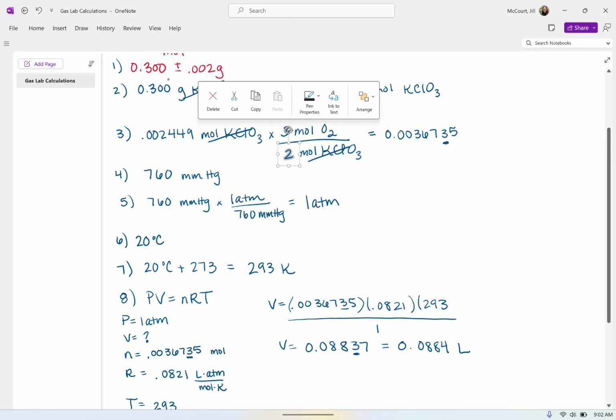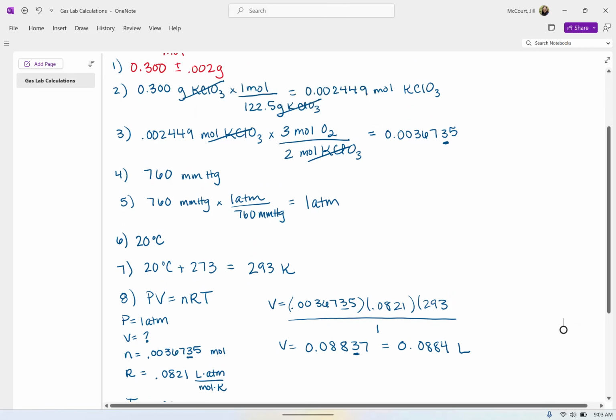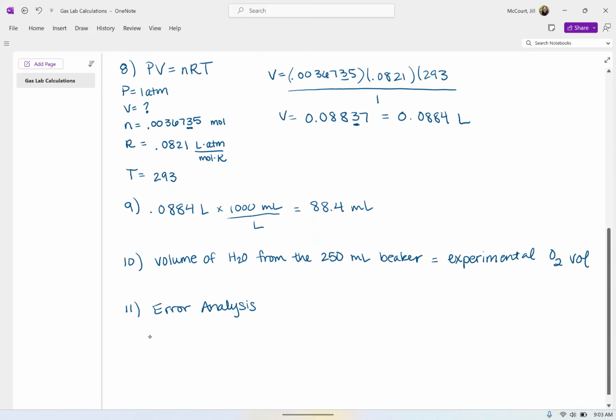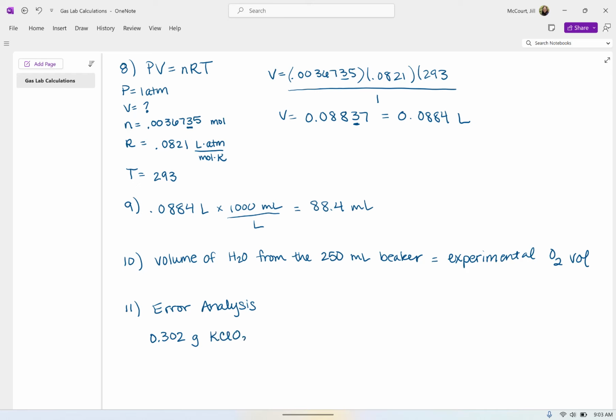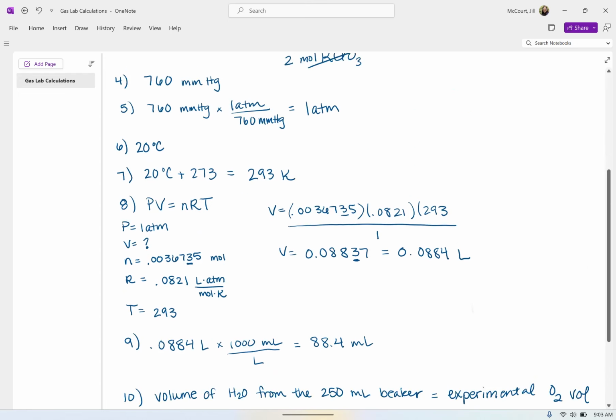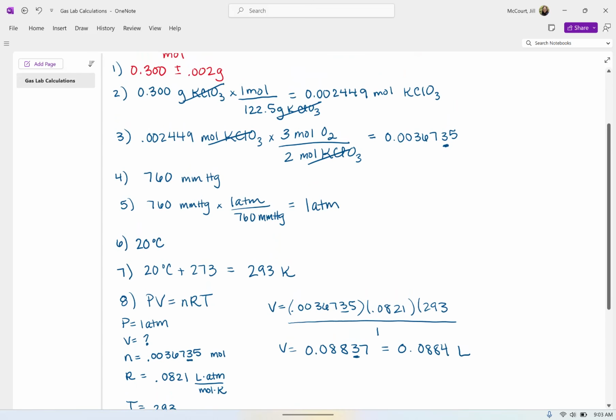So, for example, we had 0.3 plus or minus 0.002. So let's say that we actually did have 0.302. So instead of 0.300, we started with 0.302 grams of potassium chlorate. You can do the calculation again and find what your experimental or expected would have been. If you do that, you're not going to see a significant difference in your answer.